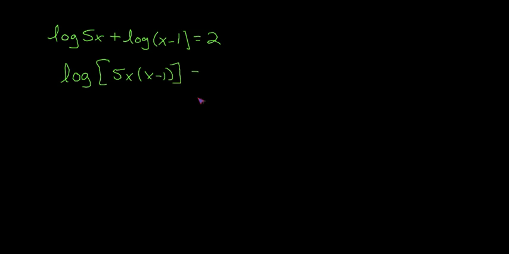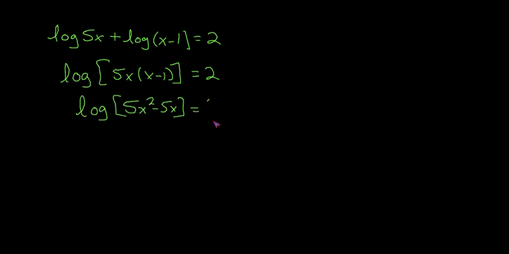So just using the product rule, the product property. So I'm going to simplify the inside here just by doing a quick distribution. So I'm going to get 5x squared minus 5x, and that equals 2.